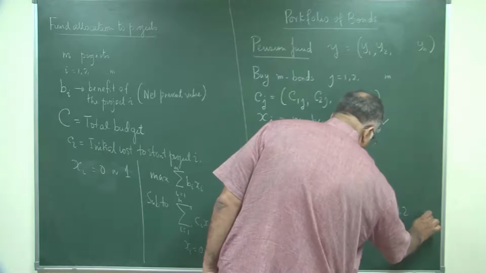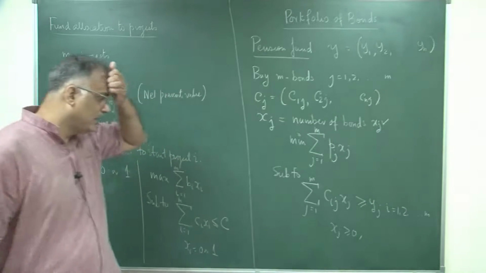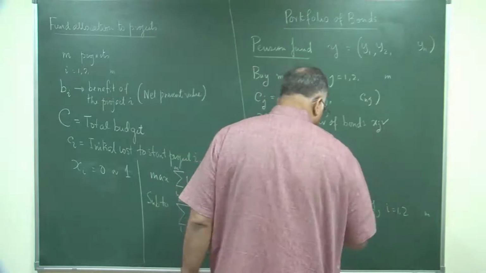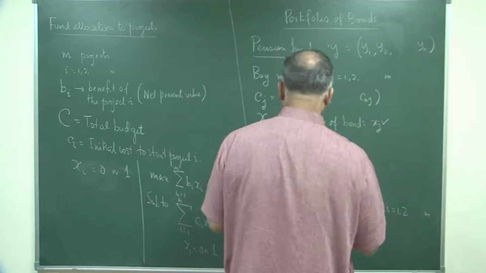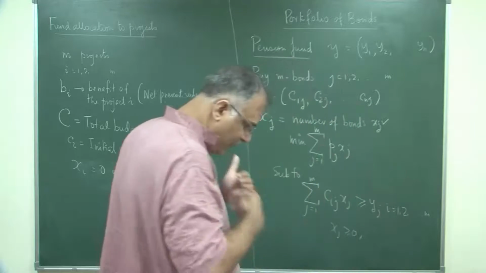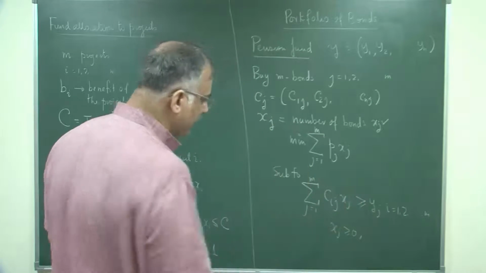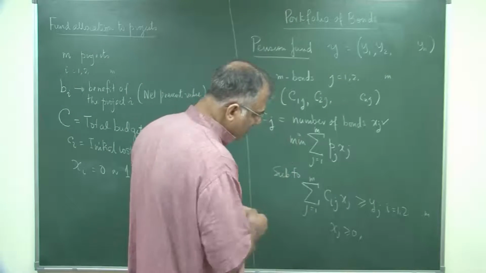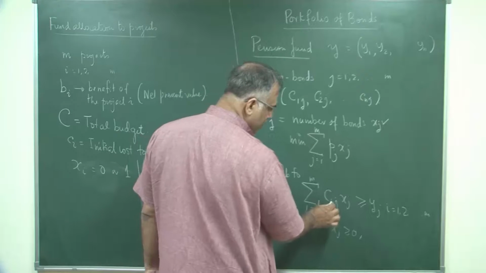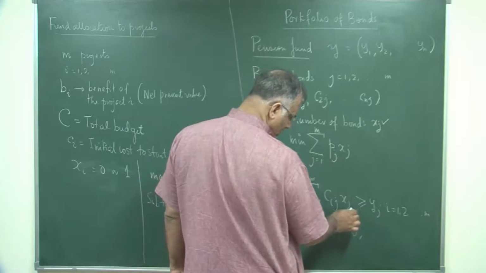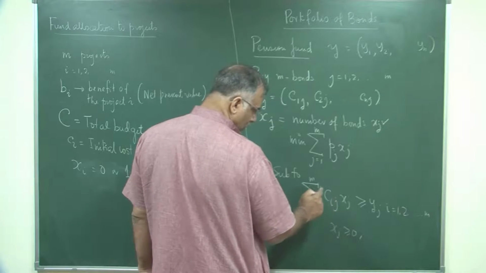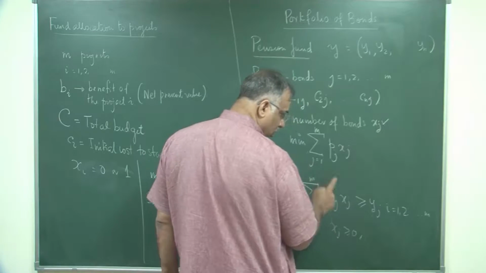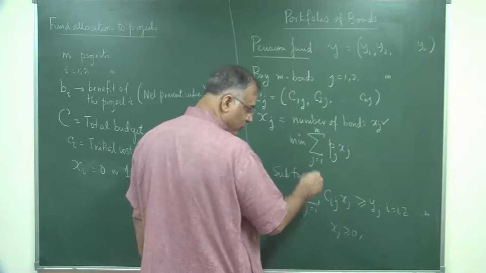I will explain this. What it means is that at time, say, i equal to 1, that is the first 6 months from now, the first time I am making the payment, I have got money from all the M bonds. From the first bond I have got money C11. From the second bond I have got a cash flow C12.